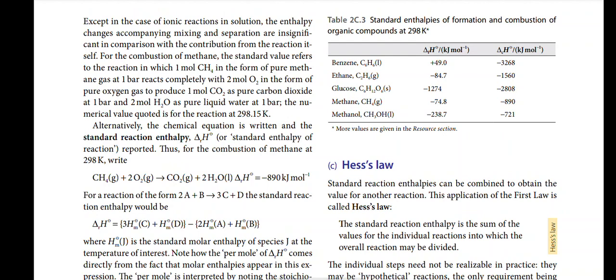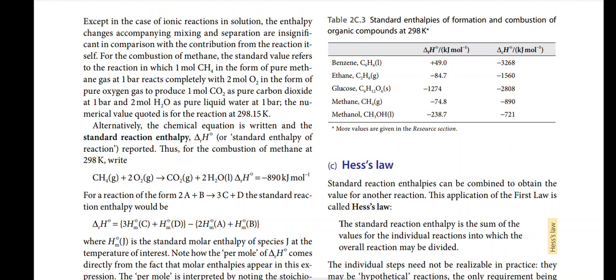For a reaction of the form 2A plus B changes into 3C plus D, the standard reaction enthalpy would be delta HR naught is equal to 3 HM naught C plus HM naught D minus 2 HM naught A plus HM naught B, where HM naught J is the standard molar enthalpy of species J at the temperature of interest.